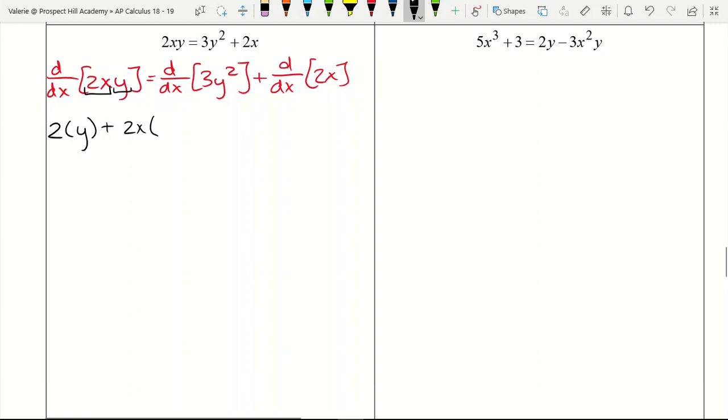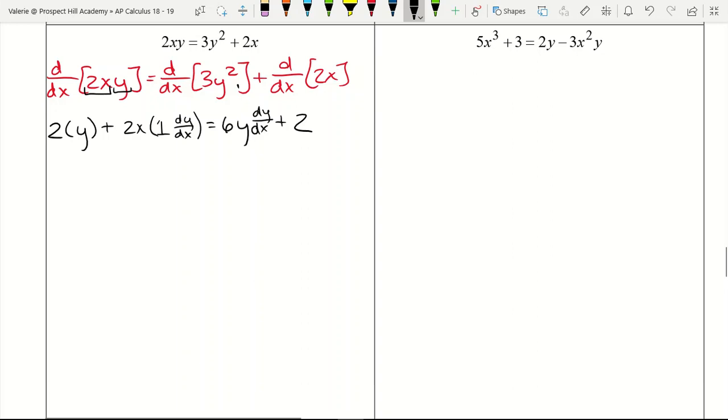So the derivative of y is just 1, but because we're taking the derivative of y in terms of x, we need to add that dy/dx by multiplying it. So that equals, and then if we look on the right side, the derivative of 3y squared should just give us 6y, but y in terms of x, so we need dy/dx, plus the derivative of 2x, which is just 2.